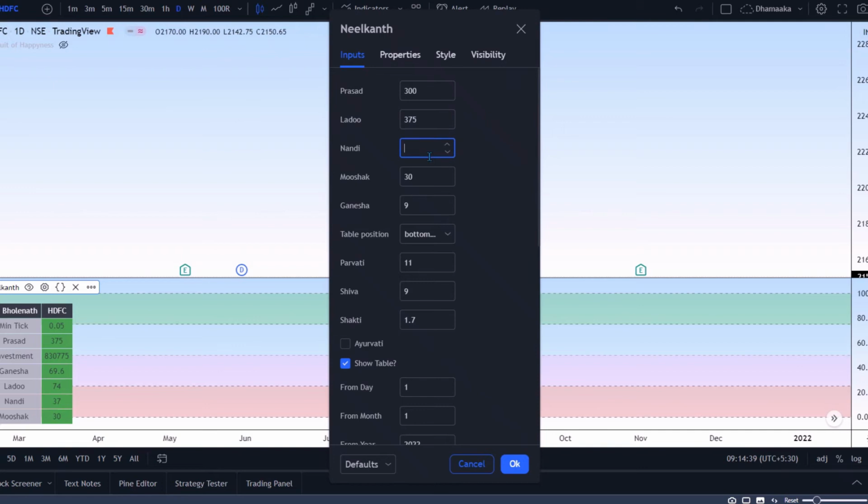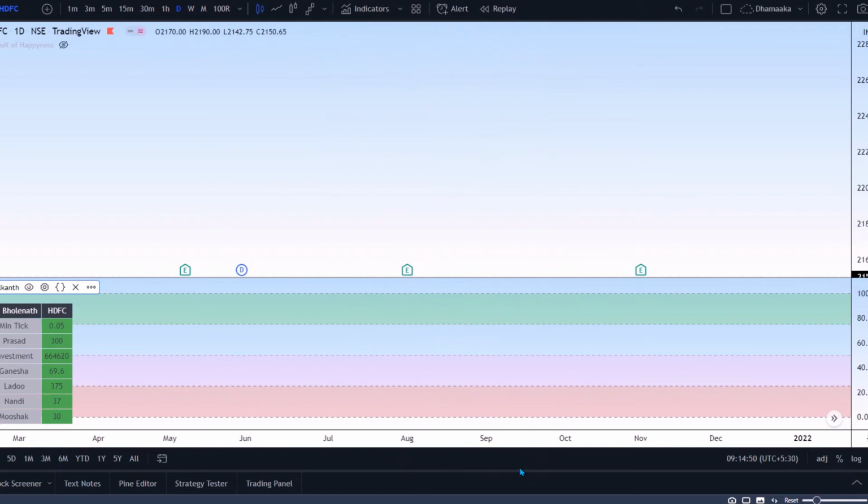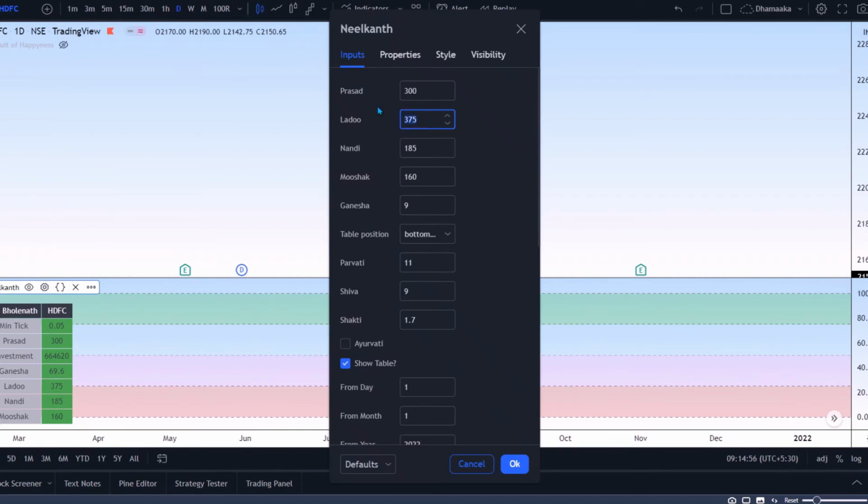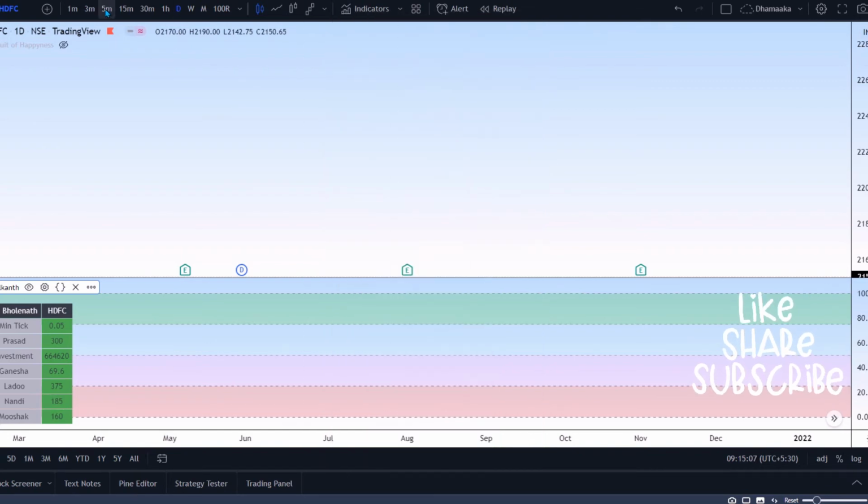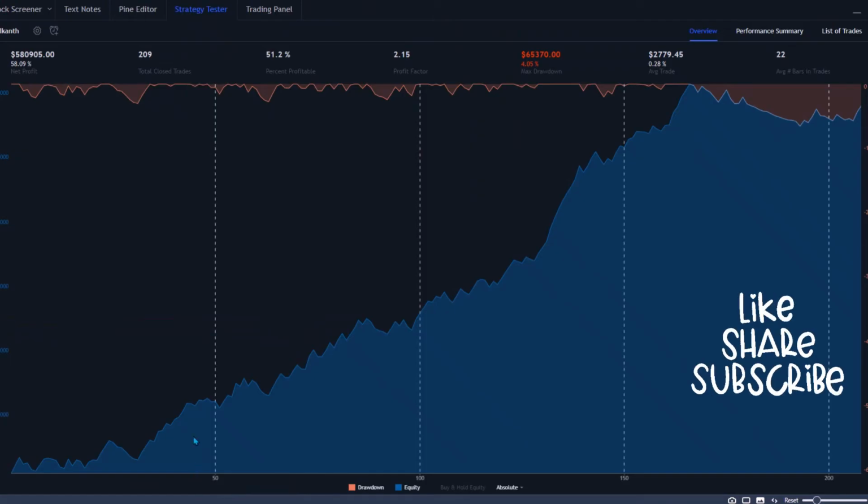We give 180. Let's give 185 and 160 here. Sorry, the Ganesha value is 70. My bad. 70, 35, 30, 5 minutes time frame, strategy tester, and it looks good.